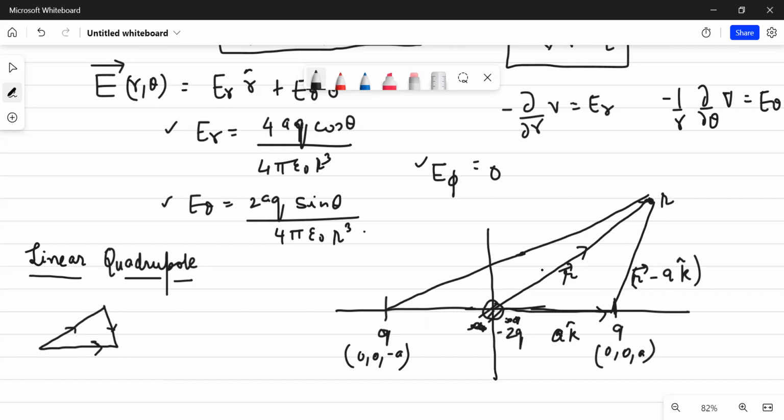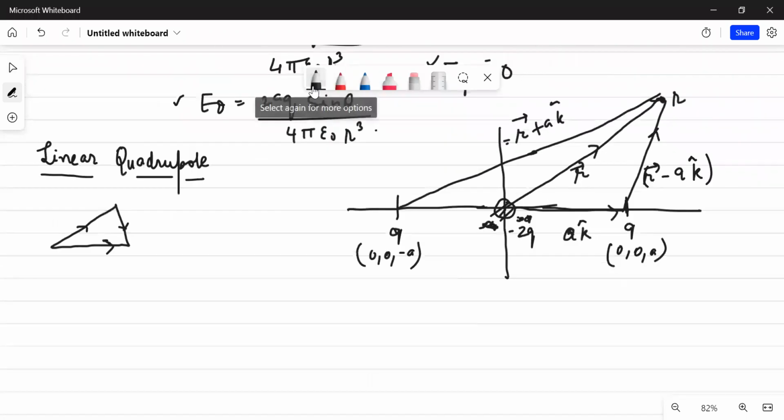So if this is your r vector, this plus this should give you r. So it is r vector minus a k cap, and this will be r vector plus a k cap. I don't want to use theta and so on here. Is that clear? It is just for the sake of the cosine, not a big deal.